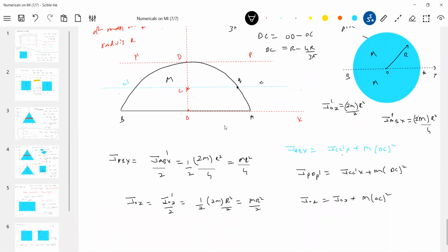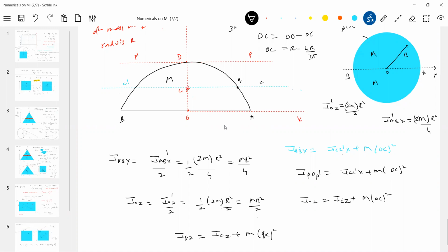Because I know ICZ, from here I'll get the ICZ. Look at here, ICZ. If I know ICZ, can I calculate IQZ? Yes. IQZ, what you can write it as? M into QC whole square.